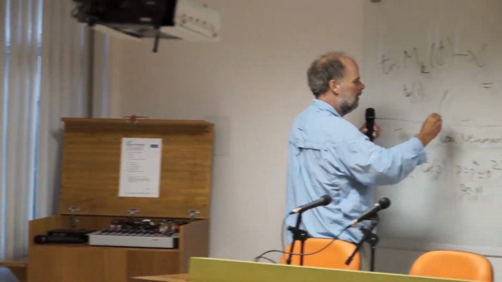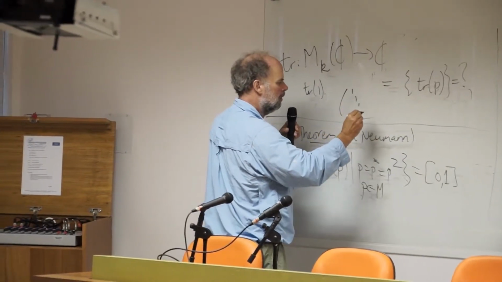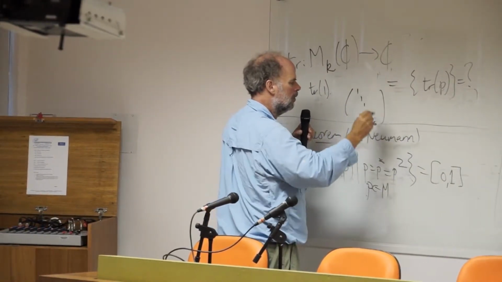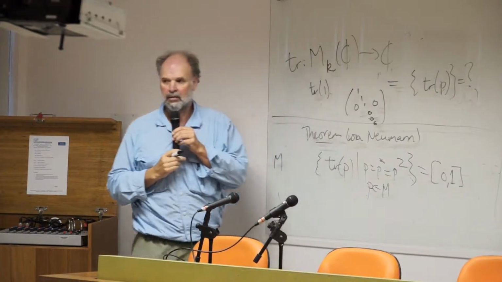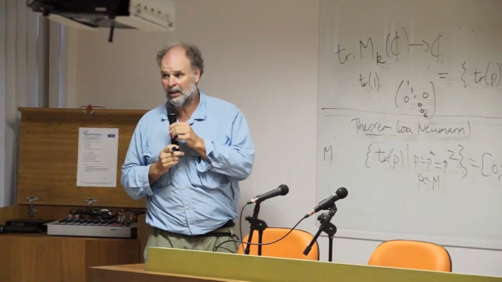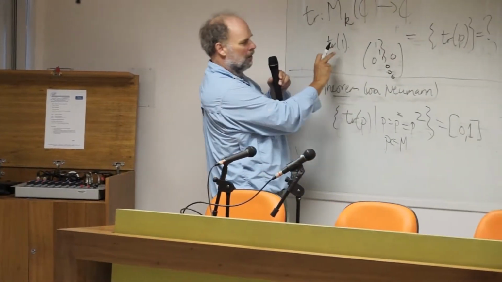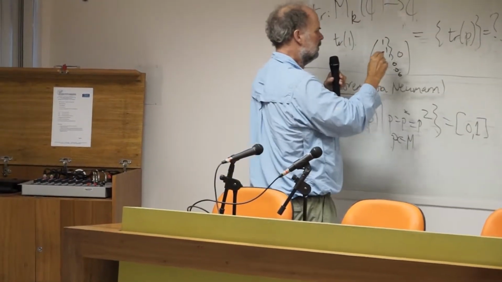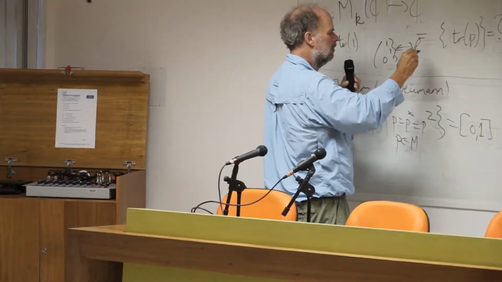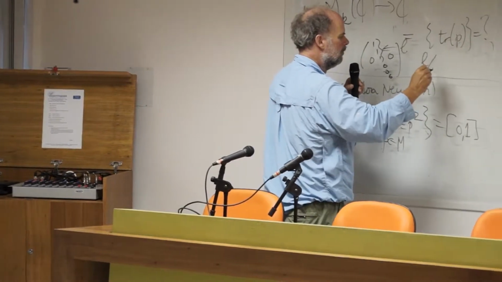If you take the appropriate basis, a projection matrix in finite dimensions just looks like a bunch of ones and then a bunch of zeros. You can always diagonalize it so that it looks like this. What's its trace? Well, it's the number of ones. But we've got to normalize it, so if the number of ones is L, its trace is L over K.